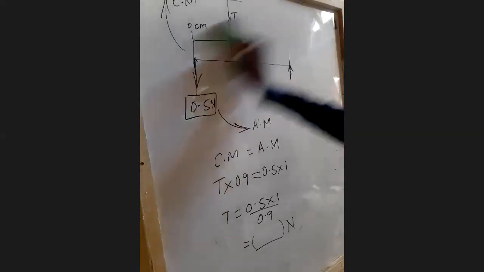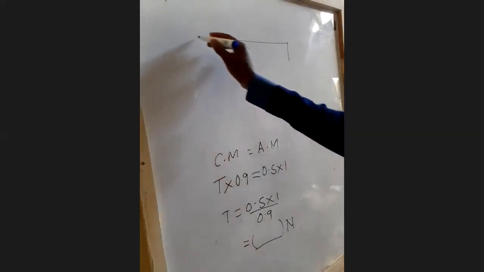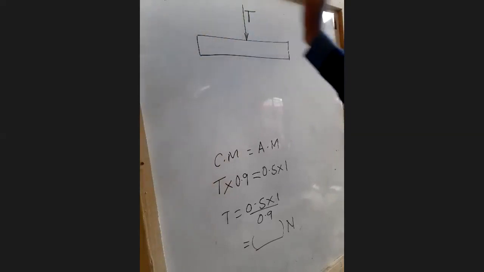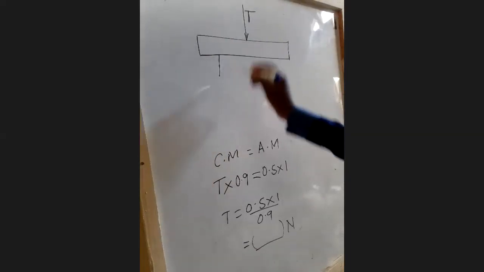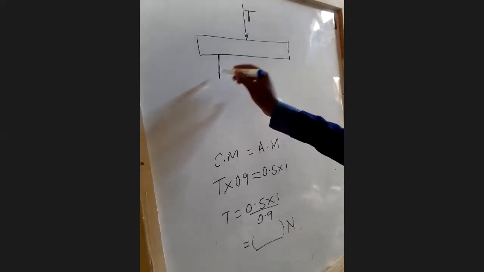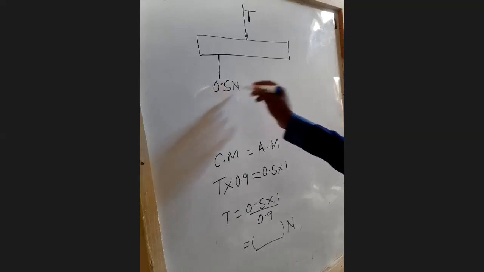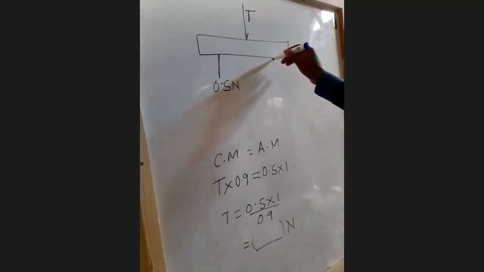We are having a uniform meter rule, with force F. Let's make this tension, and then we have the force here at this distance. Let's say 0.5 Newton, and then we have another force here acting.